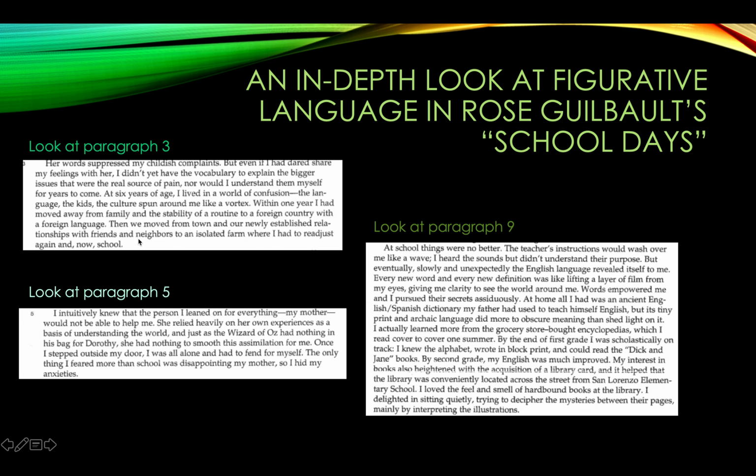It says, at 6 years of age, I lived in a world of confusion. The language, the kids, the culture spun around me like a vortex. So this word vortex right here, what a perfect word in the perfect spot for that.